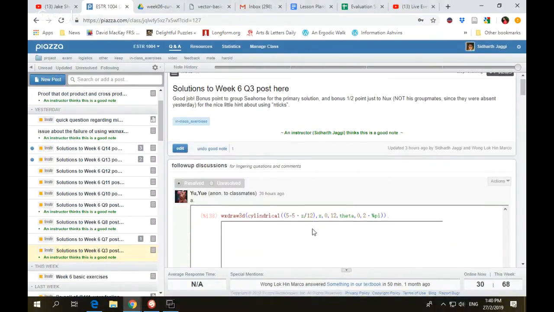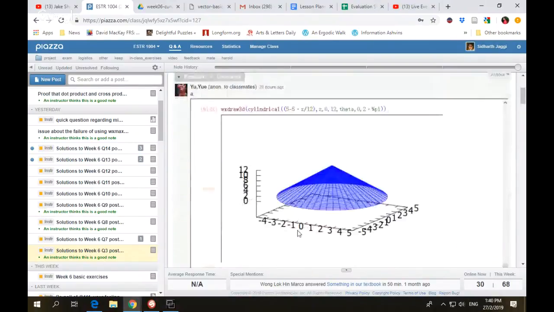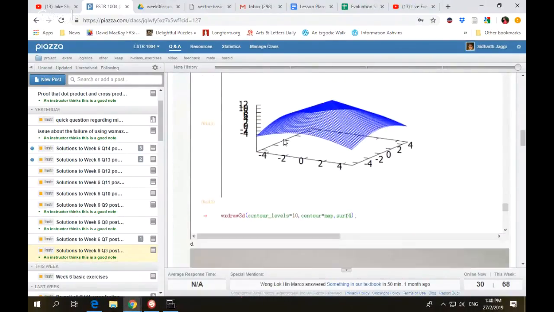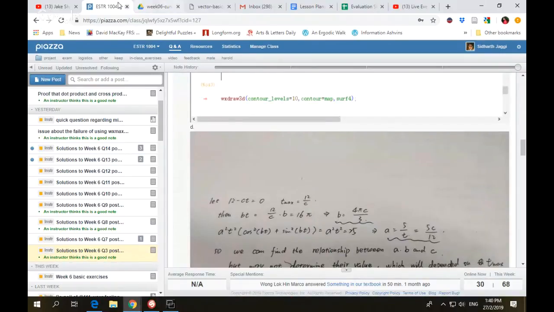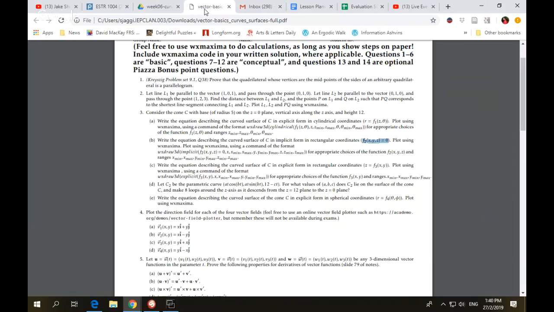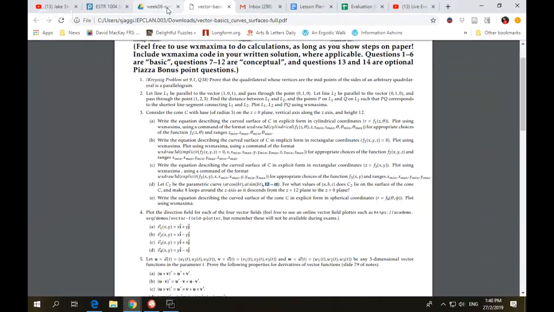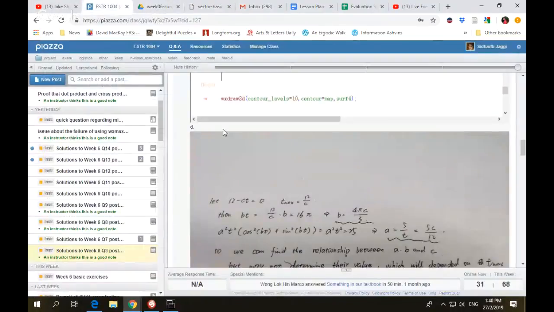Let's just look at the question over here. If you parameterize the curve like this, then the z coordinate is 12 minus ct, and this should be equal to 0 at the maximum value of t, right? So this tells us that the maximum value of t is 12 over c.